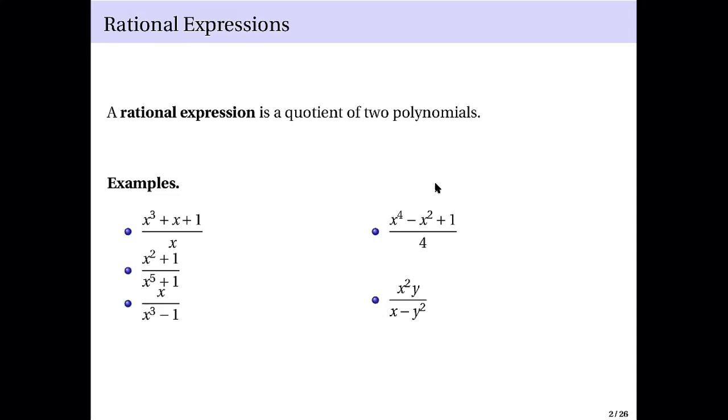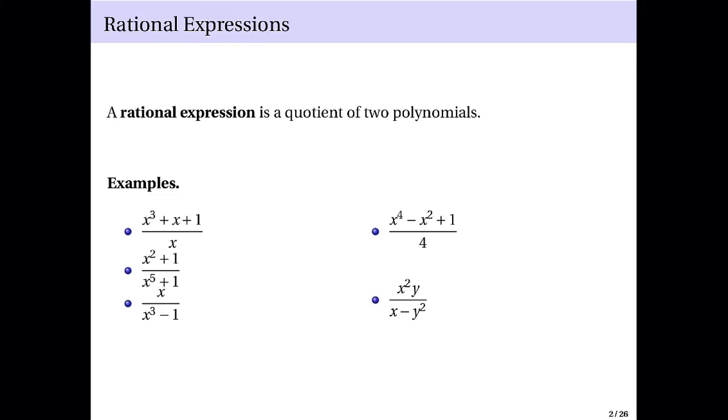Our goal when we have a rational expression is to simplify it. We want to simplify rational expressions. That is our main goal. Whether you add, subtract, multiply or divide rational expressions, our main goal is to simplify, and factoring will play a very important role.